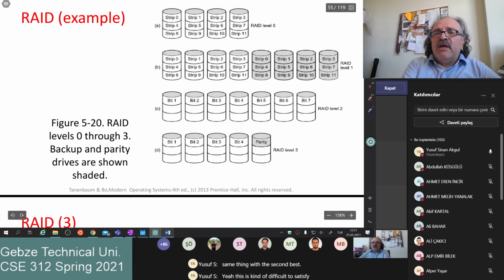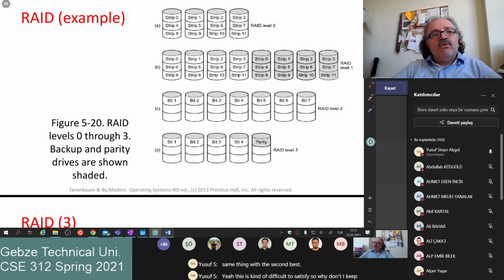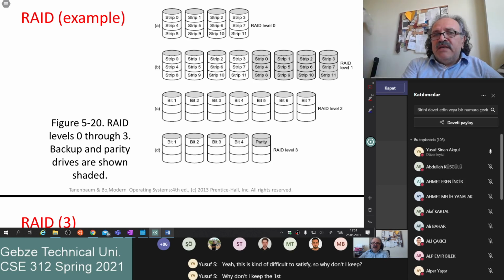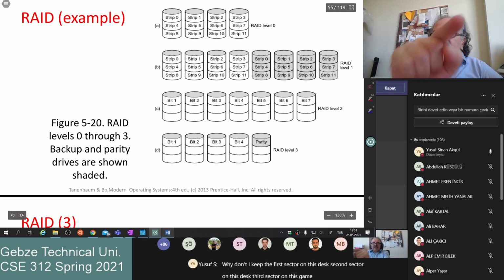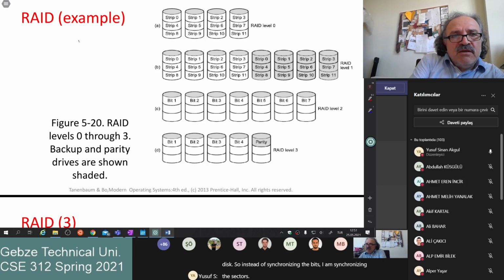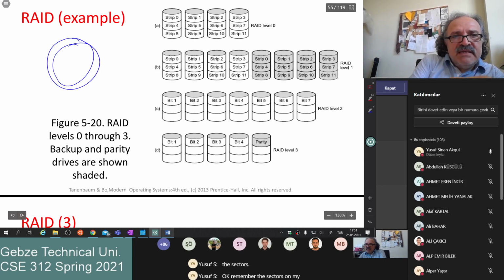So why don't I keep the first sector on this disk, second sector on this disk, third sector on this disk, and fourth sector on this disk? So instead of synchronizing the bits, I am synchronizing the sectors. Remember the sectors? On my original disk, these are my sectors.